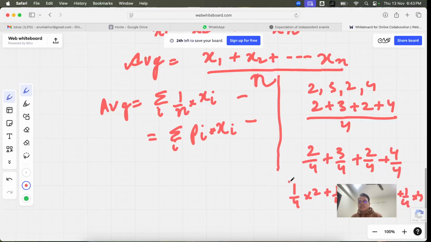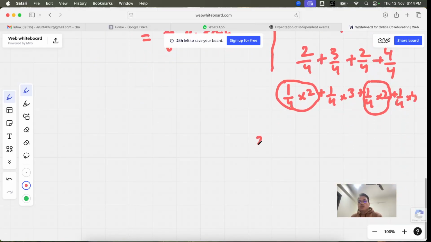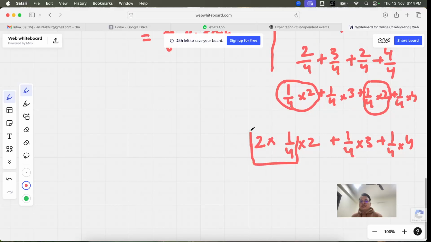Here the term 1 upon 4 into 2 appears twice, so we can simplify: it is 2 upon 4 into 2, plus 1 upon 4 into 3, plus 1 upon 4 into 4.